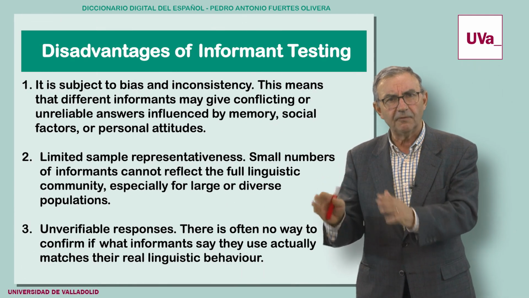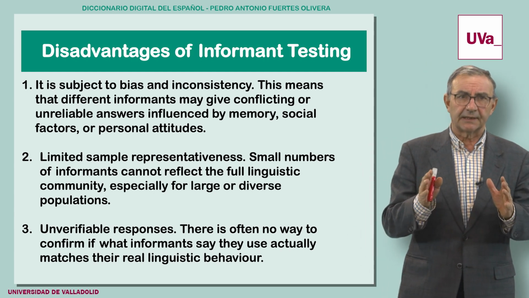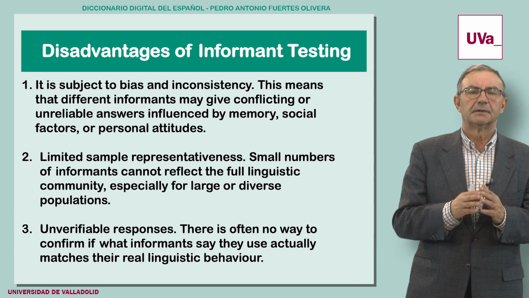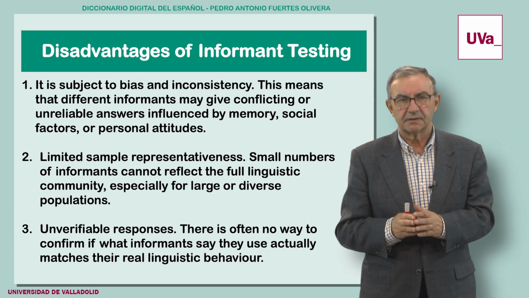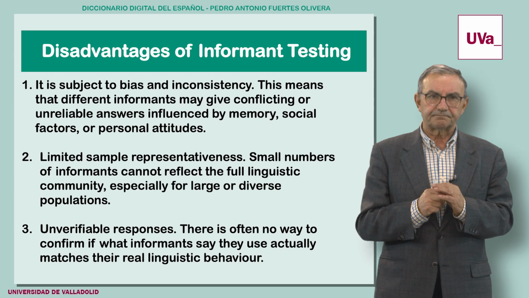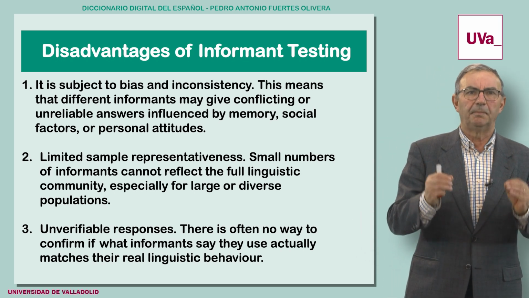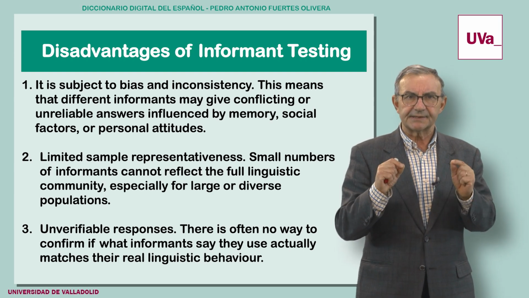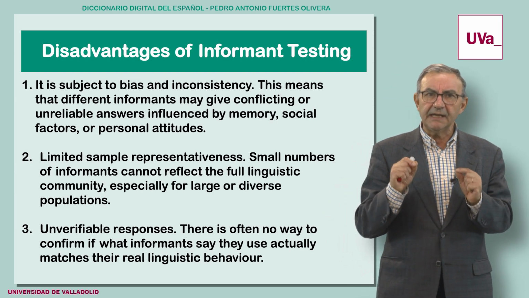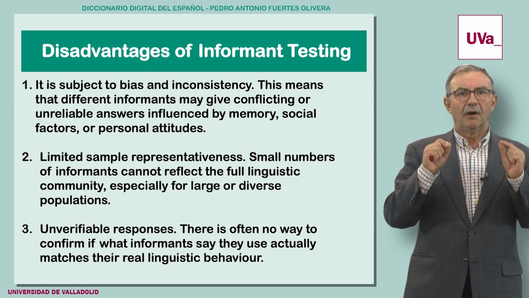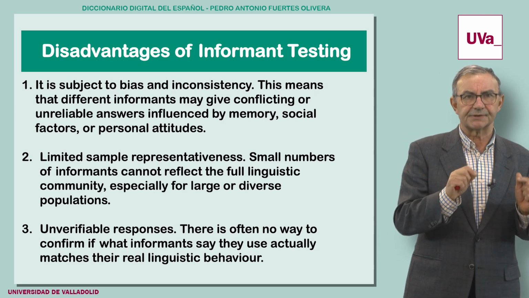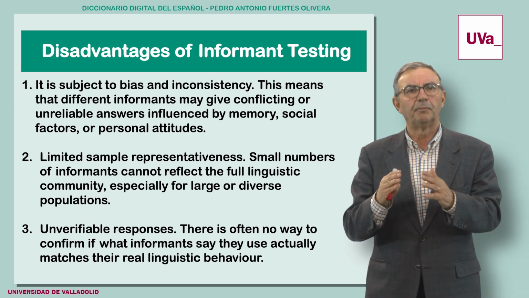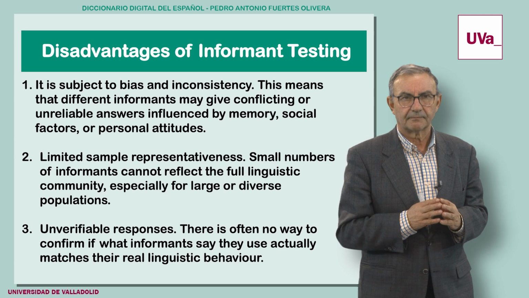But, as I said before, informant testing also has disadvantages. Here are its main disadvantages. 1. It is subject to bias and inconsistency. This means that different informants may give conflicting or unreliable answers influenced by memory, social factors, or personal attitudes.